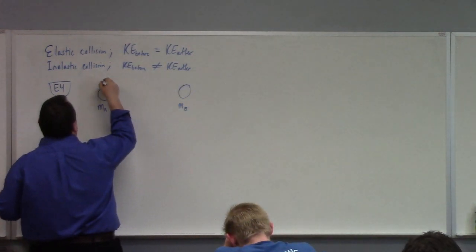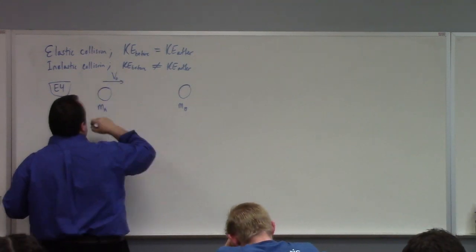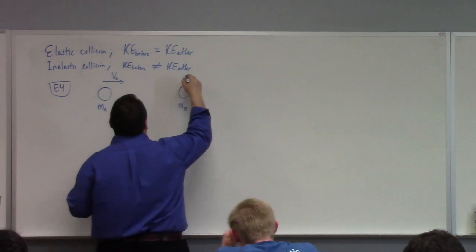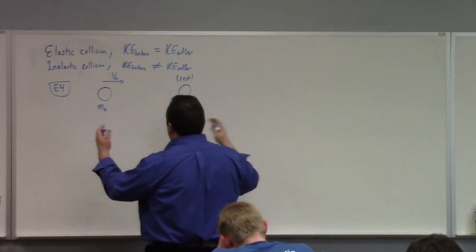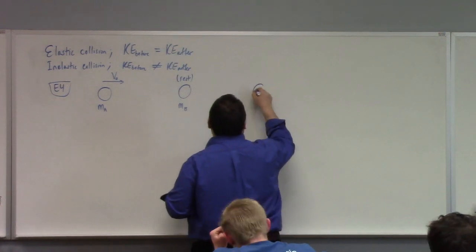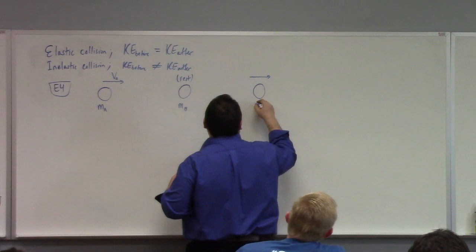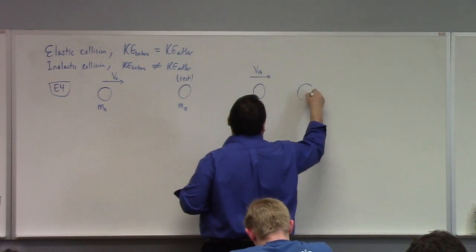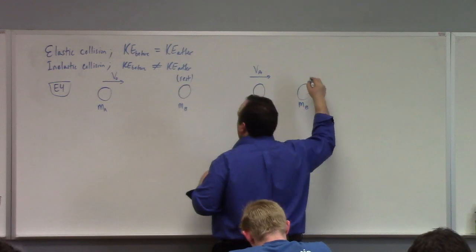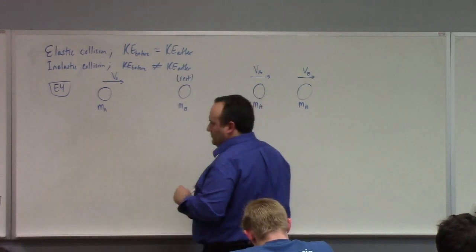This one initially has velocity v naught, and this one is initially at rest. Then they collide, and afterwards you have MA with VA, and you have MB with VB.